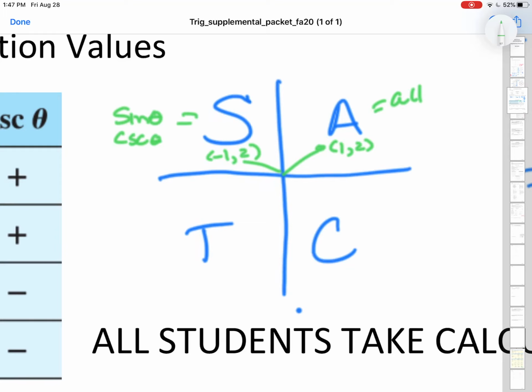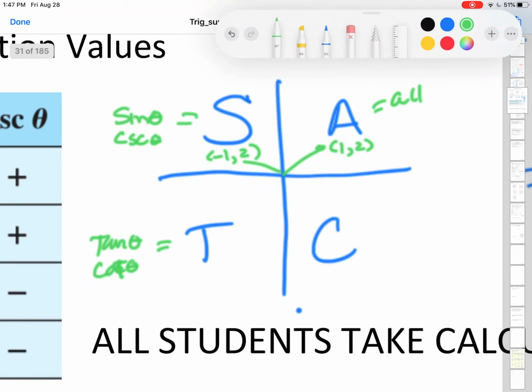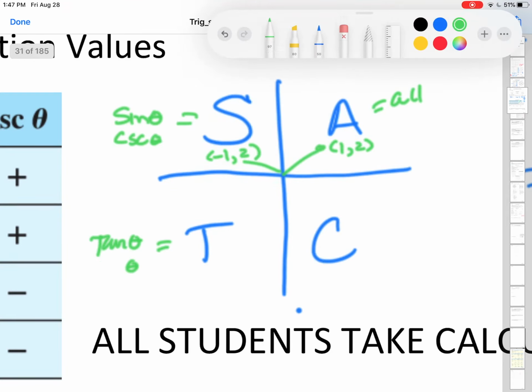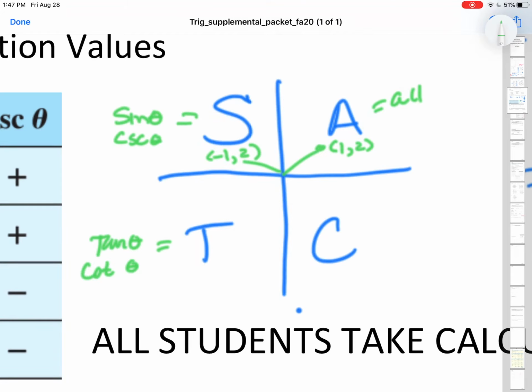T means, as you can imagine, tangent theta or its flip, cotangent theta, are the only ones positive. So it's not like we know those are positive and we have to figure out everybody else. Only tangent and cotangent are positive in that quadrant.